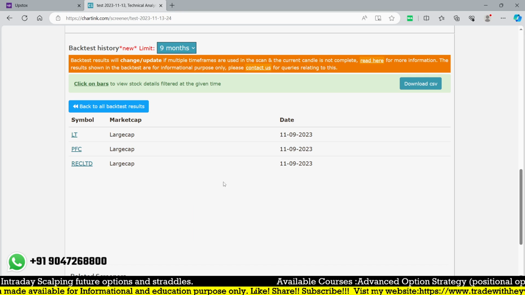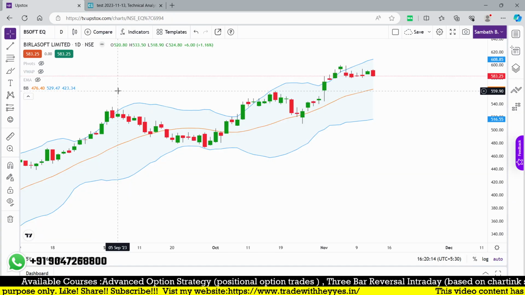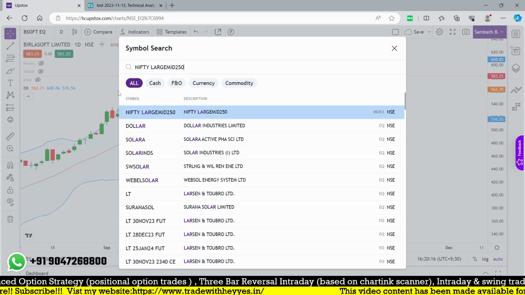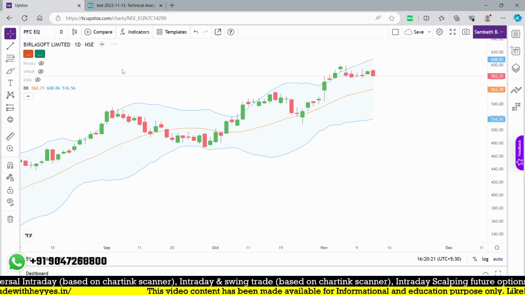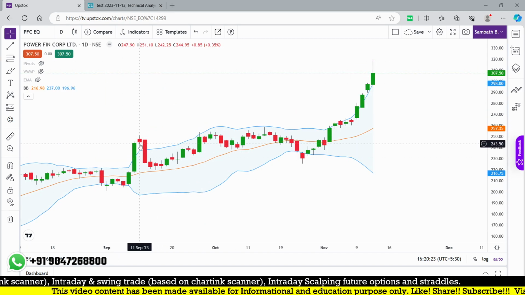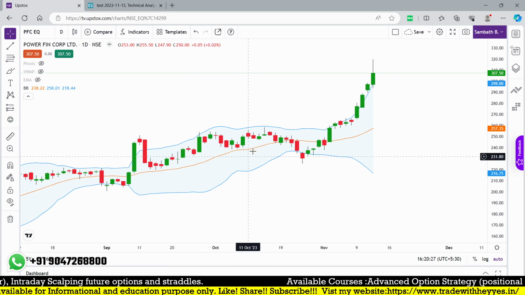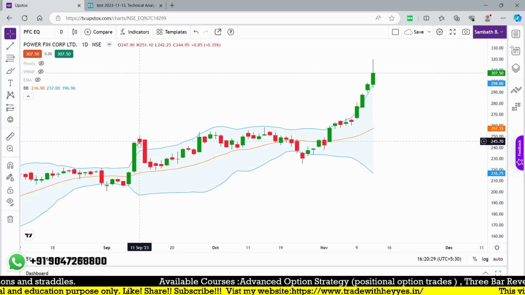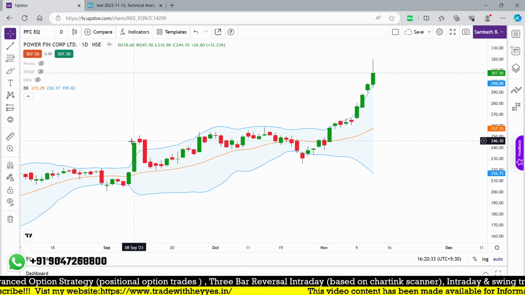At this point, LNT, PFC, REC on 11.9. So LNT, PFC, 11.9. Yeah, you can see, look at this.